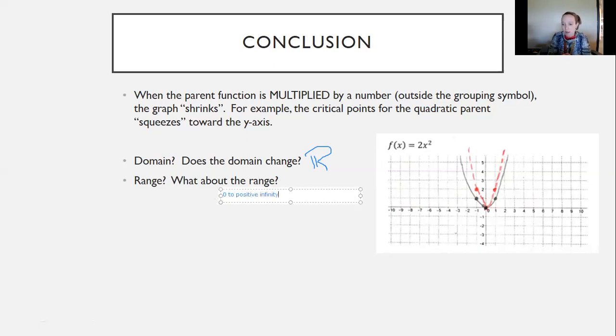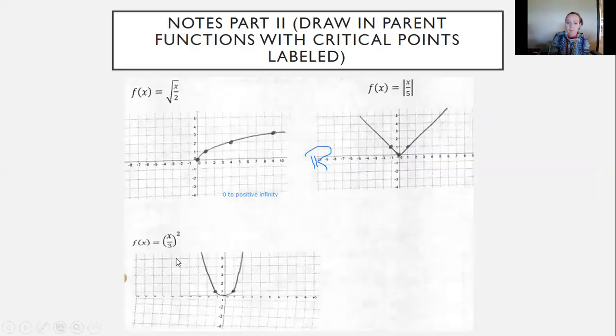It's just like the parent function. It never is negative. It never drops below that x-axis. So what I want you guys to think about is what happens to those other 2 graphs. What are the domain and range for those other 2 graphs?